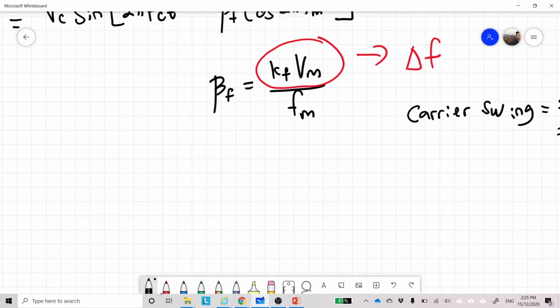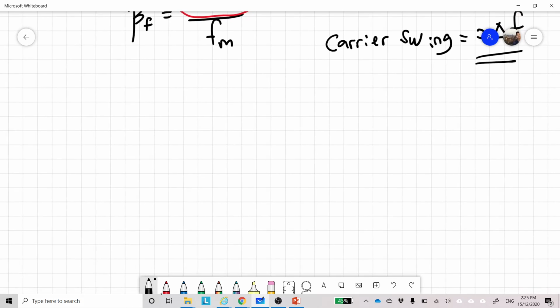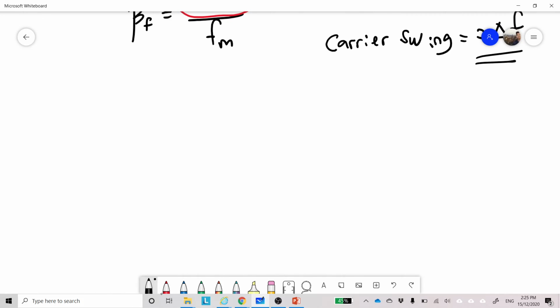Dan kita telah melihat berkenaan dengan narrowband FM. Okay, we have seen about narrowband FM. Narrowband FM shows the similar characteristic with the AM.